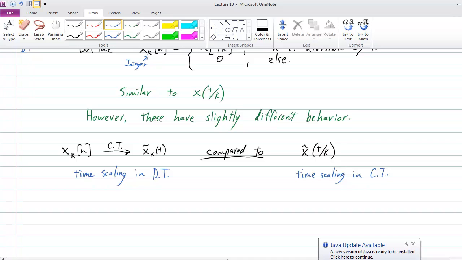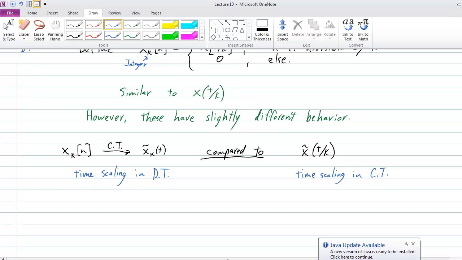We know it's integrating over a continuous variable because I'm integrating from negative infinity to infinity. The same exact proof is going to hold in discrete time, so I'll do it for continuous time.